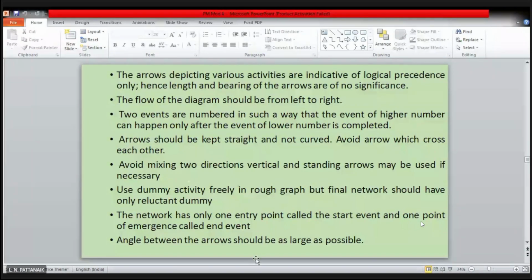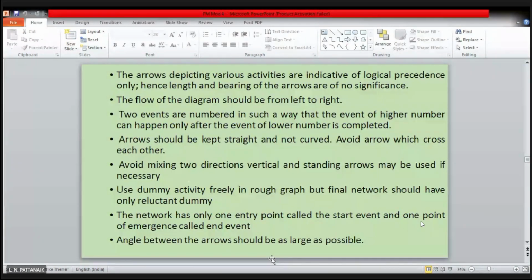Angle between the arrows should be as large as possible. Angle between the arrows means when you are moving towards the right from the left, don't draw the arrows having very small angle between them. It should be an acute angle, but make it as large as possible so that the network looks clear, and it will be a little bit spread. If you give very narrow angles between these arrows, then the height of the network diagram will be very small and things will be clumsy.